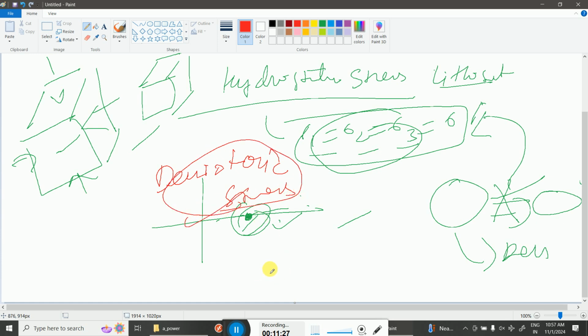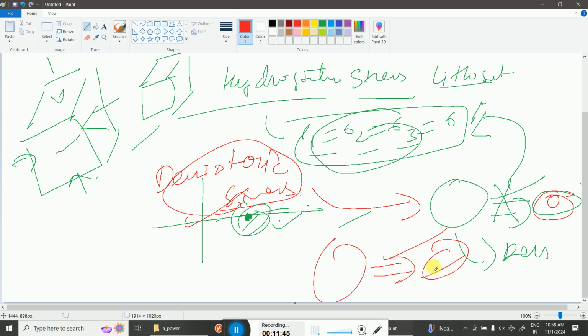A deviatoric stress changes the shape of the object, from circle to ellipse, or from sphere to ellipsoid. Whatever is responsible for change in shape of any object is called the deviatoric stress. And how can deviatoric stress be evaluated?